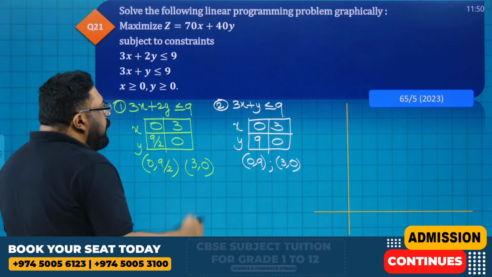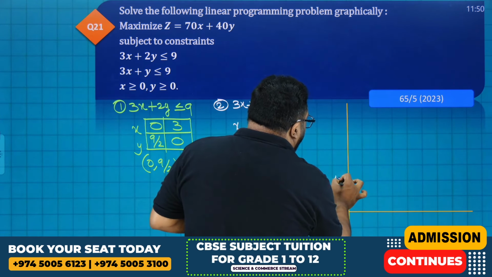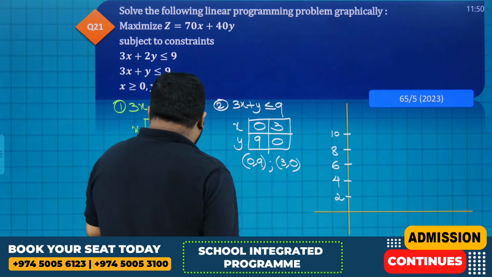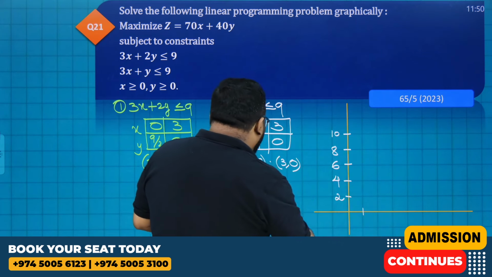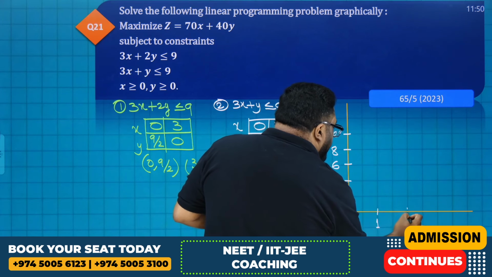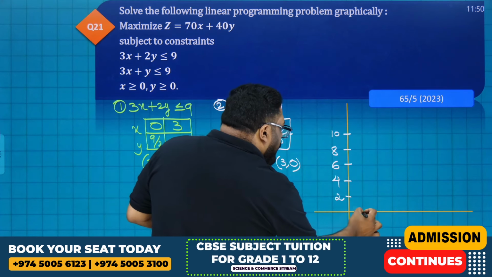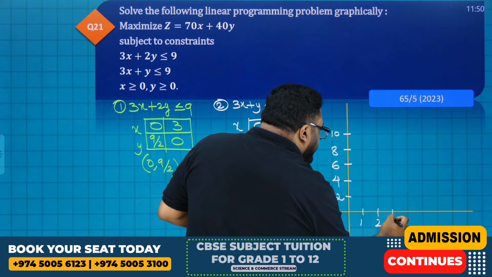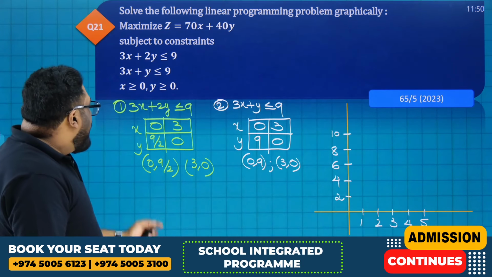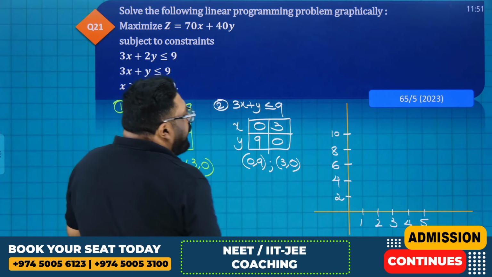Now here it's all up to 9, so we will take the points as 2, 4, 6, 8, 10. Here, I'll go with only 1, 2, 3, 4, 5 because the biggest number is small. Now 0, 9 by 2 means 0, 4.5.